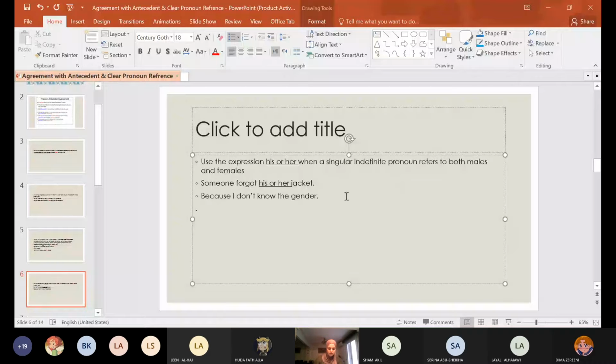Someone forgot his or her jacket. Or here, as the sentence written for you: each of the writers will read his or her story tomorrow. It's because I don't know the gender of the writers, a group of writers.